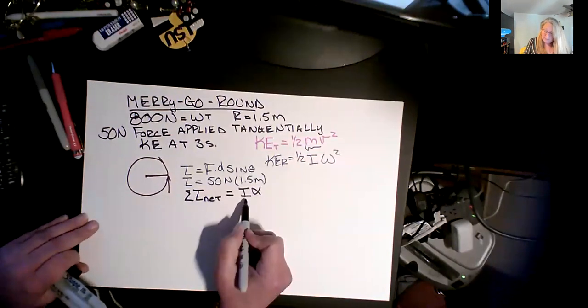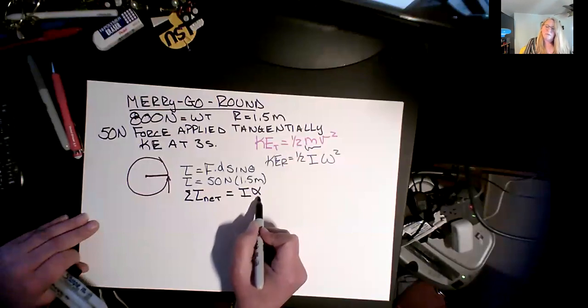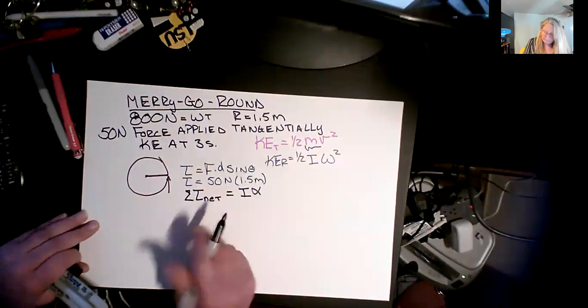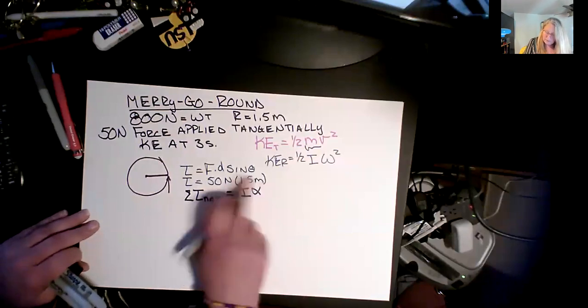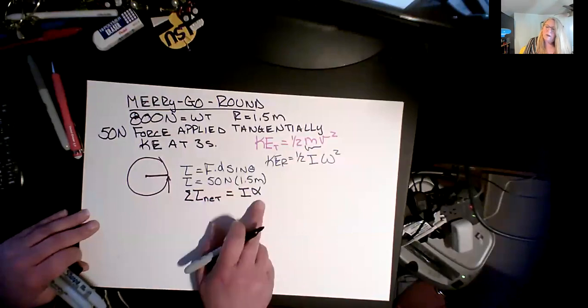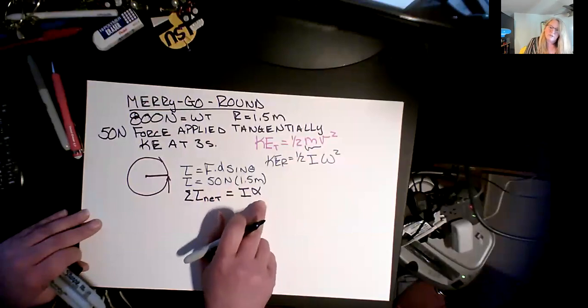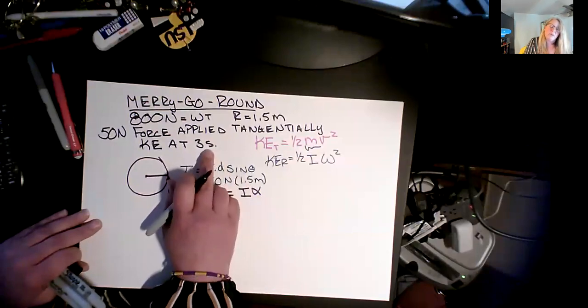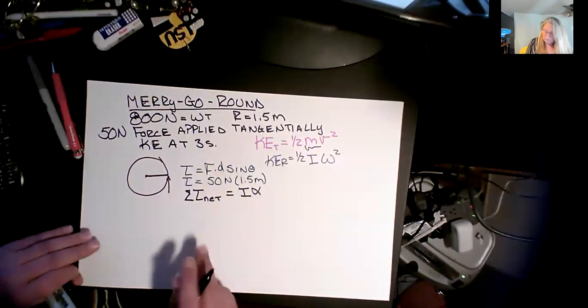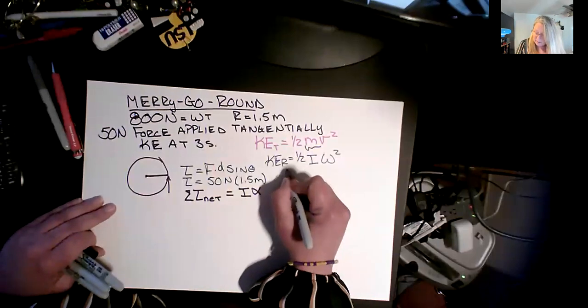Because remember, I'm rotating, so this is instead of my mass, and alpha is for my rate of acceleration going in a circle. So I can look at this and be like, okay, so I have 50 newtons. I know my net torque. If I get alpha, won't that give me the rate of acceleration? If I'm starting from rest and I know how long I'm doing it, can't I convert that into then an omega? So let's see. The one thing I need is an I.